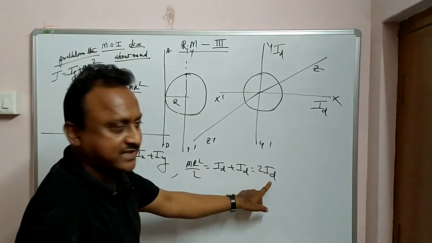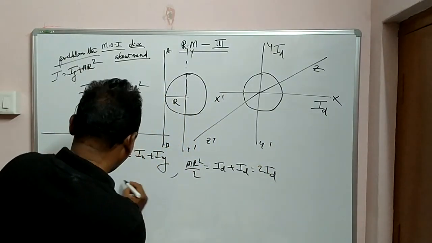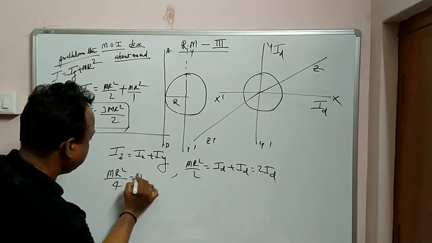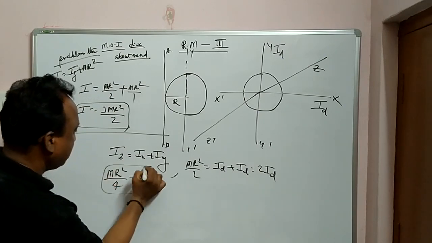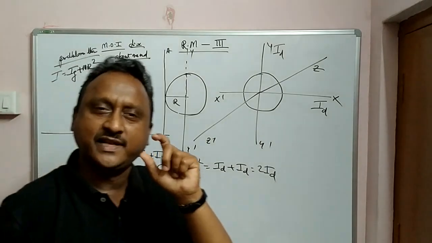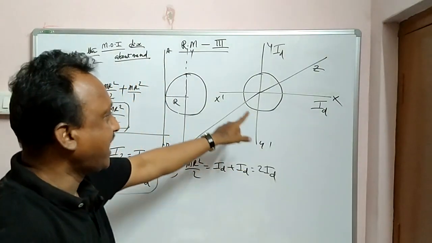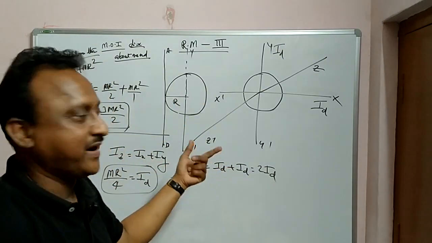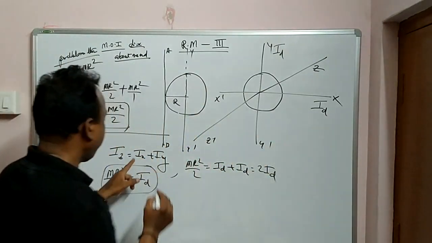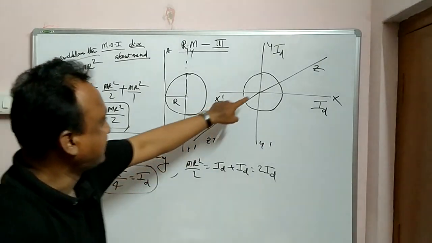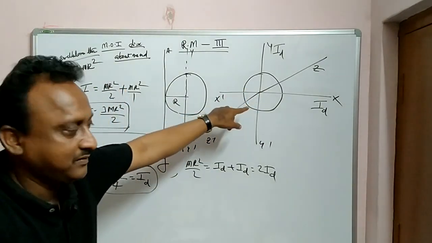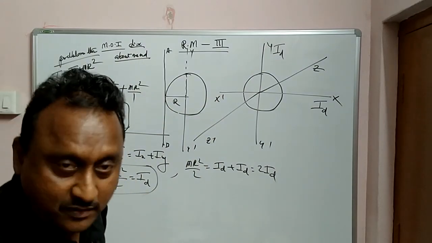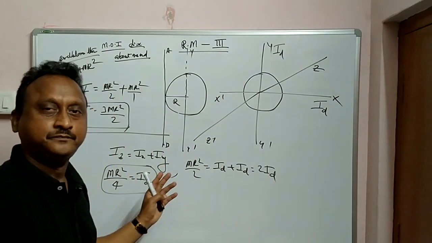So the moment of inertia about the diameter is given by m r square by 4. So for a uniform thin disk, the moment of inertia about the diameter is found by using the perpendicular axis theorem, that is Iz is equal to Ix plus Iy. Iz, passing through the center, we already derived as m r square by 2. Therefore, m r square by 4. Clear to all of you? Please note it down.